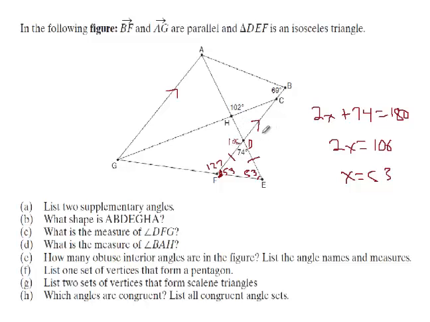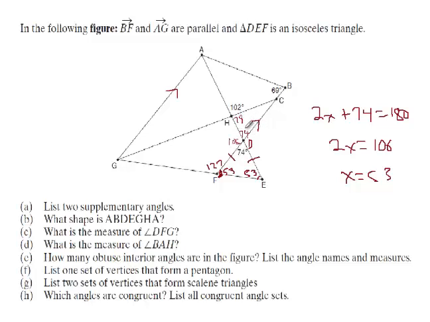Now this angle also has to be 74, because it is a vertical angle with this one. Now this angle, well, we don't know what this is. Well, this we know, because this has to be supplementary with 102. So it's 180 minus 102, which is 78.